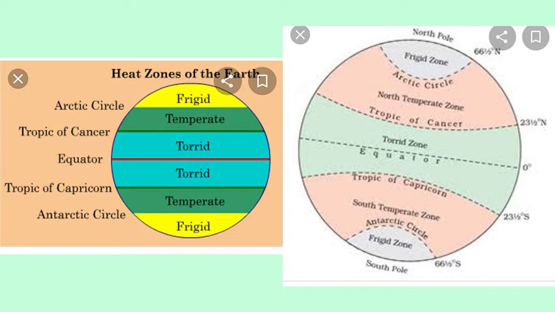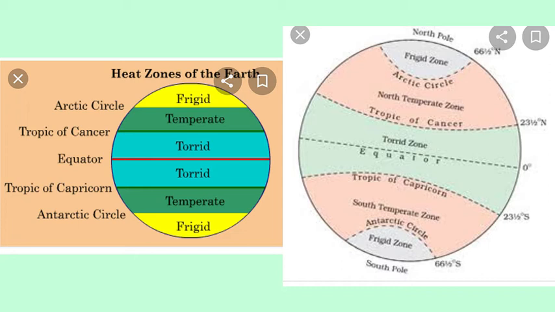Okay, clear? So this region on either side of the equator, lying between the Tropic of Cancer on the one side and the Tropic of Capricorn on the other, is known as the torrid zone. Here sunlight falls vertically throughout the year in this belt, and the earth's surface gets most heated up here.